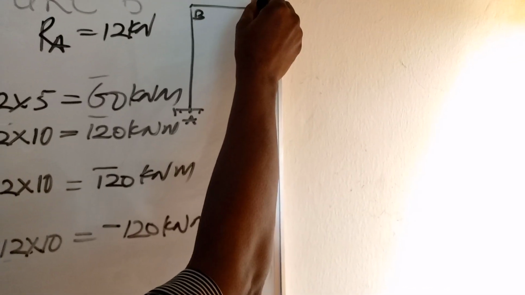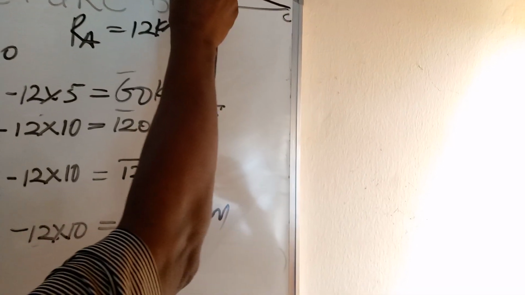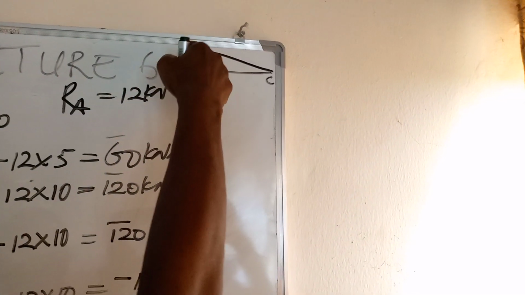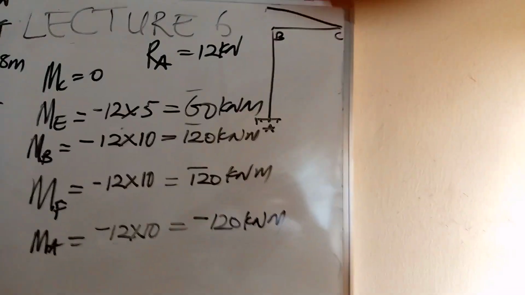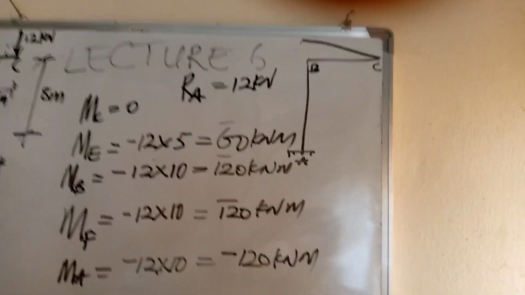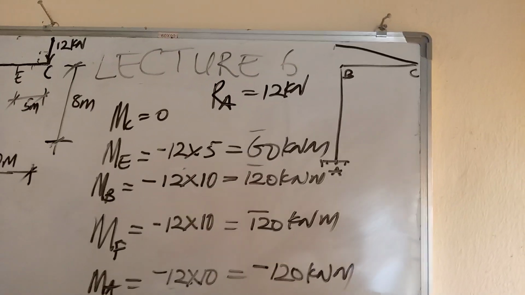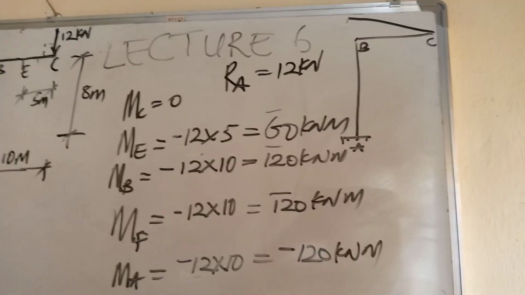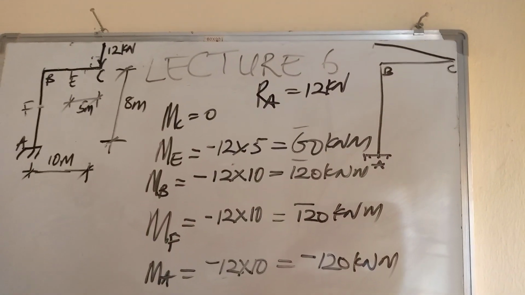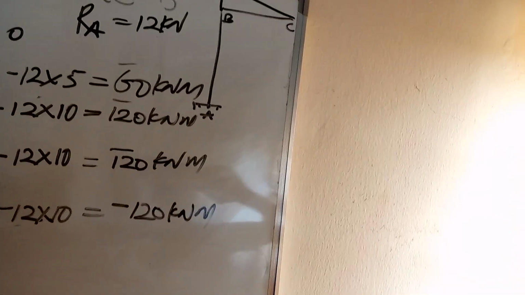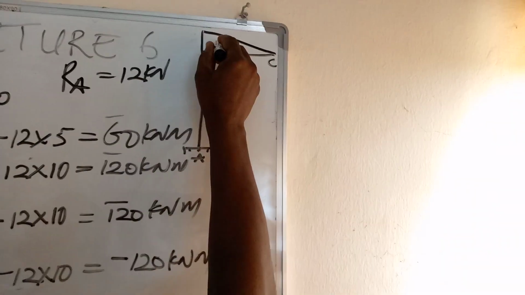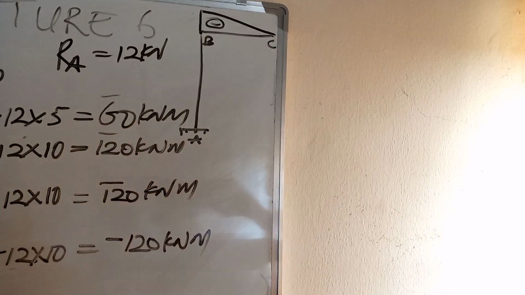It is not a curve this time around, because if you check the former one we did, when it was loaded with a UDL, uniform distributed load, the equation was quadratic, and as such the graph would be a curve. But this one is a linear equation, so that's why it's a straight line.